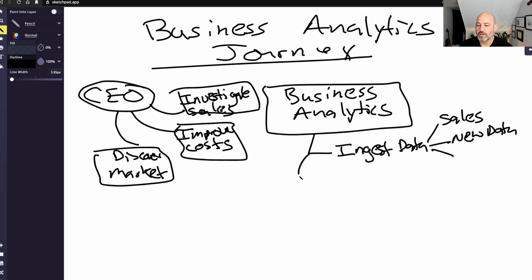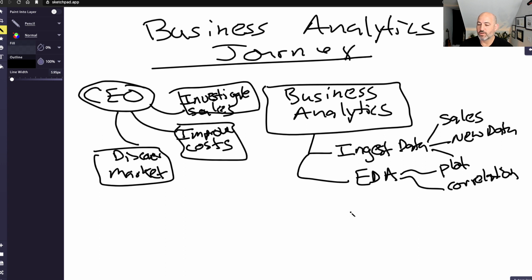And then you have the EDA phase, so exploratory data analysis, and you would plot things, or you would look at correlations, right? So you want to find out which things are related. And then what we're going to get into today is the modeling techniques, right?